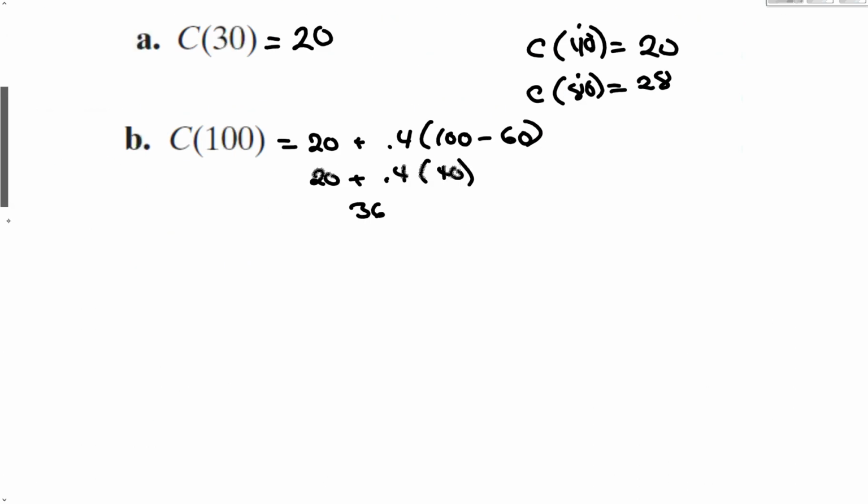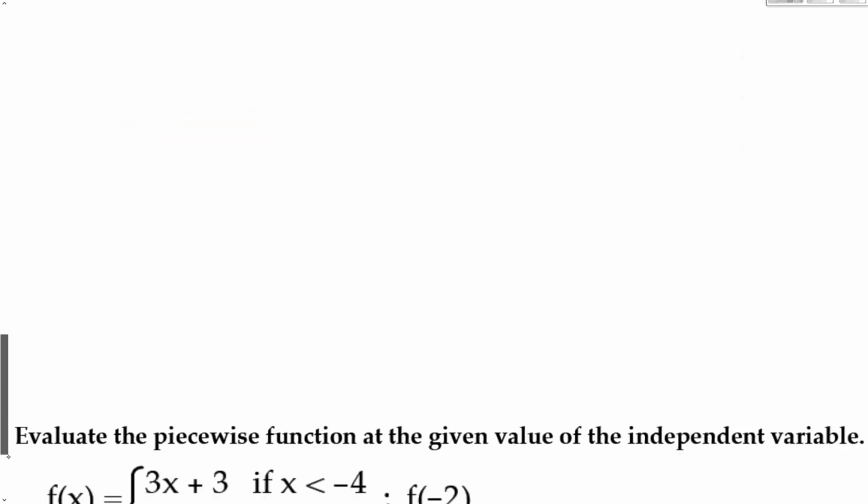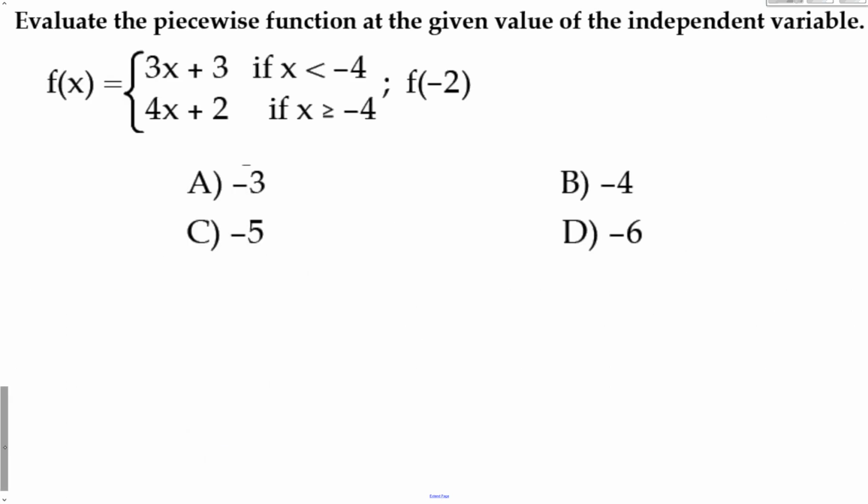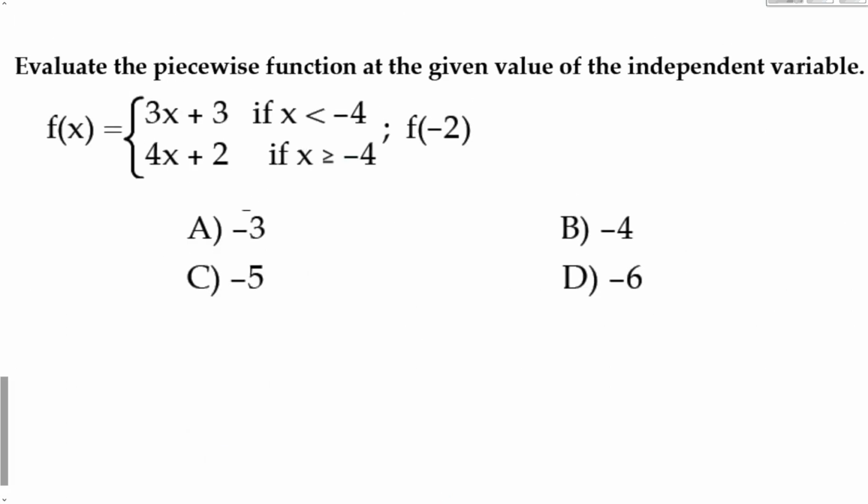Okay, so let's skip down here to this problem that I did in class. The hardest part about evaluating this particular piecewise function is to figure out which function to plug it into. So if I want to evaluate f of -2, I have to decide, is that less than -4 or greater than or equal to -4?